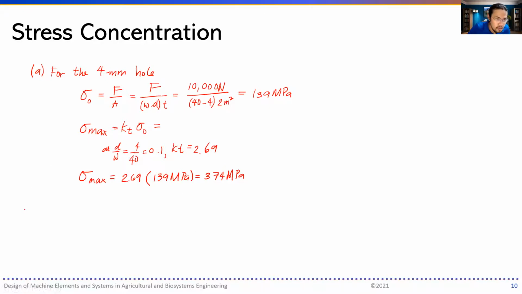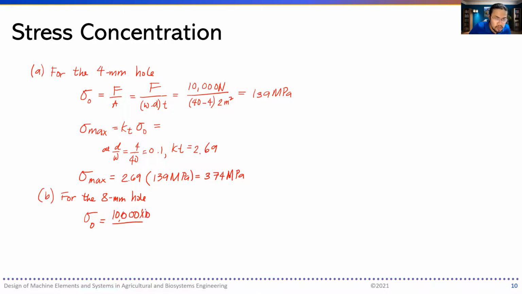Okay, solving for B. This is the same procedure for the 8mm hole, using the same diagram. So this is 10,000, okay, times 10.